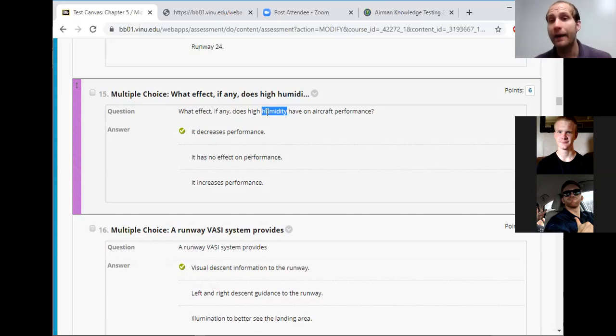That means high moisture. So if we have high moisture, that is less space for air molecules. So the air is less dense, and we don't have as good a performance. Every time you take a breath in, you're getting less air molecules. Your engine is getting less air molecules. Your propeller moves less air molecules. So what effect does high humidity have on performance? It decreases performance.